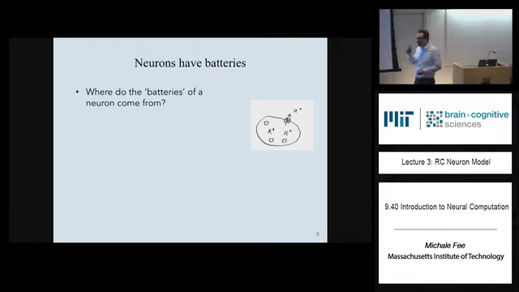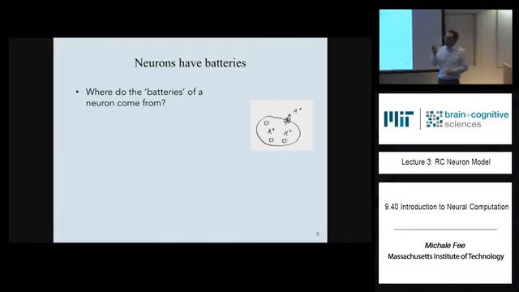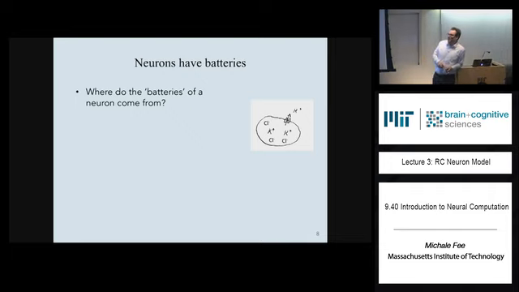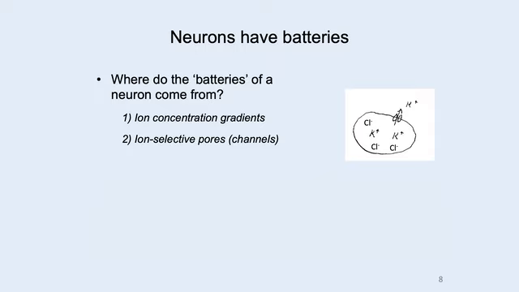The battery produces a voltage difference, but biophysically, what causes that voltage difference? Good, ion selective pores, good, that's one component, and there's another important component. Somebody else want to answer? Good, excellent. So we have two components, ion concentration gradients and ion selective pores.